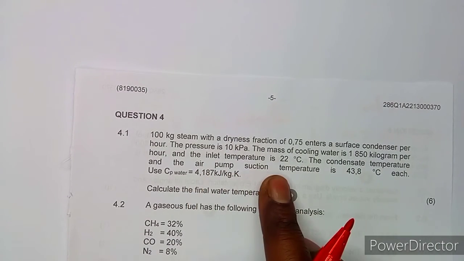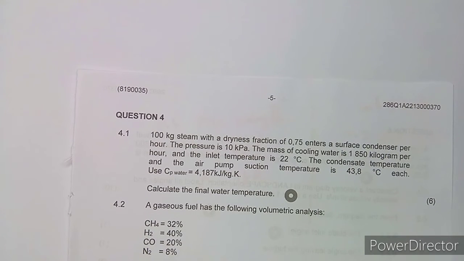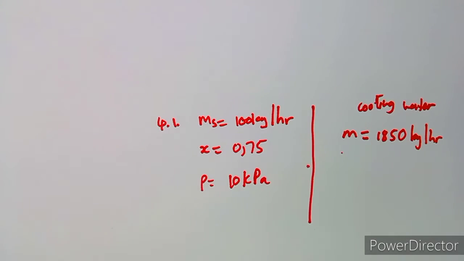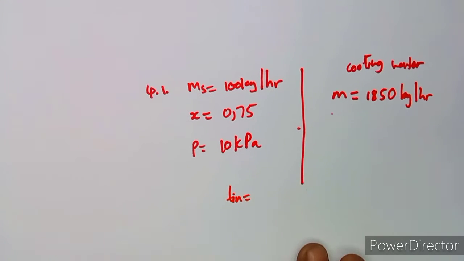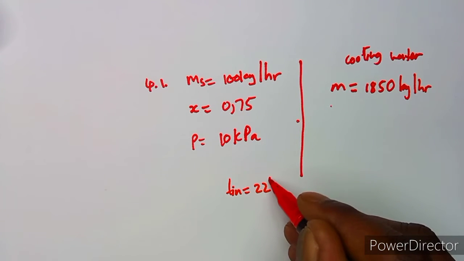All right, then the inlet temperature, which is 22 degrees Celsius. So that is the inlet to the system, that is T in, so T in is equivalent to 22 degrees Celsius.